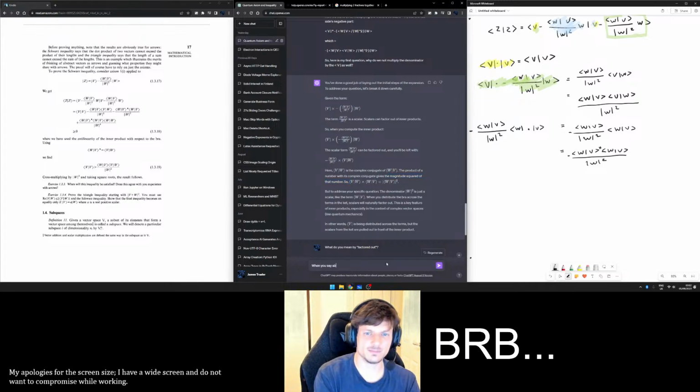When you say the complex conjugate product is the magnitude of the inner product squared, in the book it actually doesn't bother converting that.